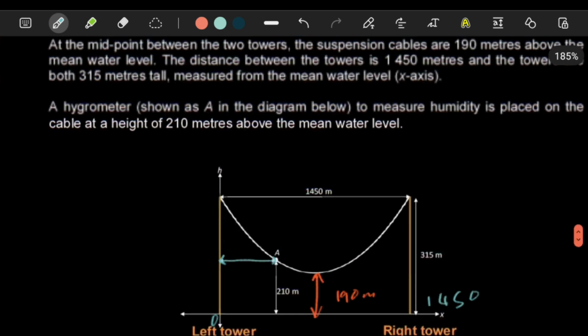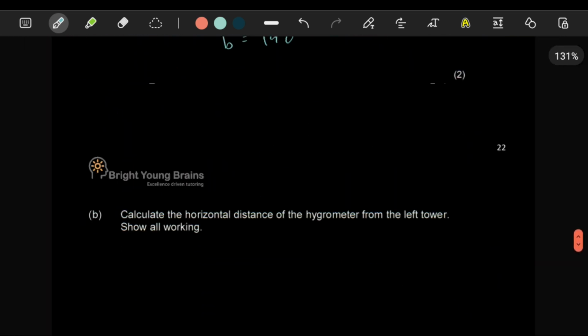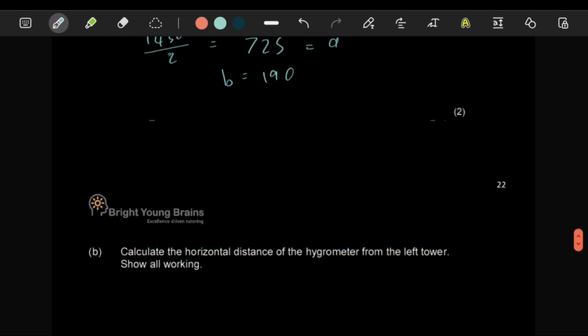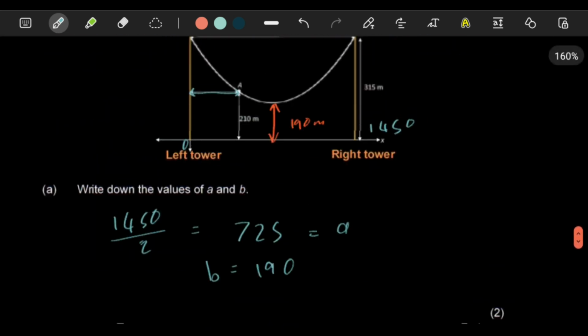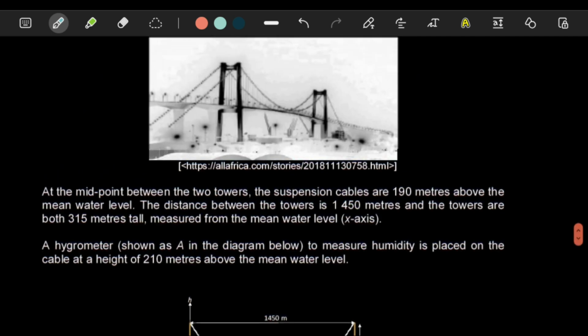We basically just need to get the equation. Let's see if they are going to ask us for K. I don't think so. Yes, this one is quite easy. Let's just get K first, and then just throw this point into the equation.